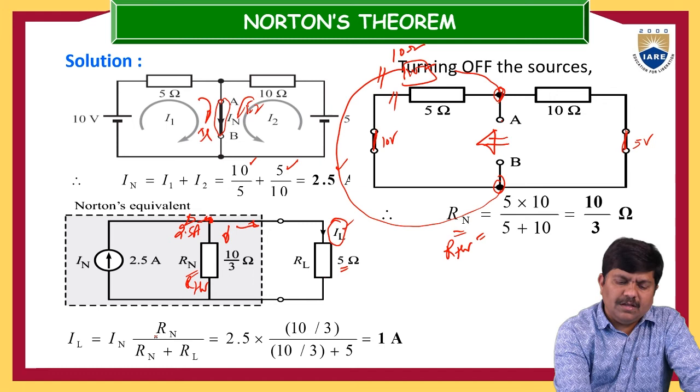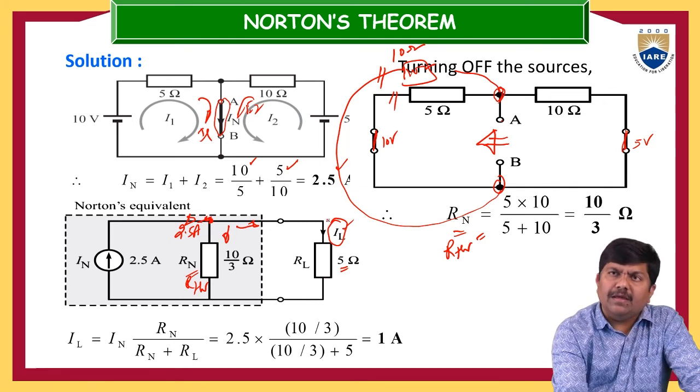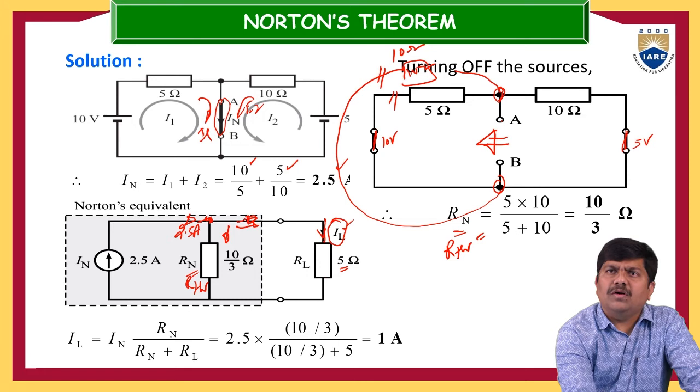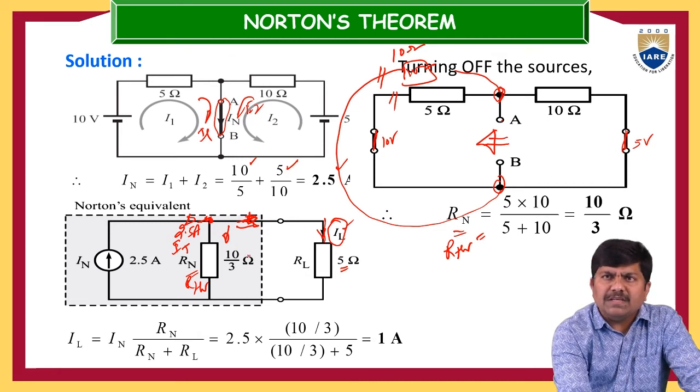So what is the current division principle? The total current, IT, is divided into two parallel paths. My interest is to determine the current in this one, that is IL.